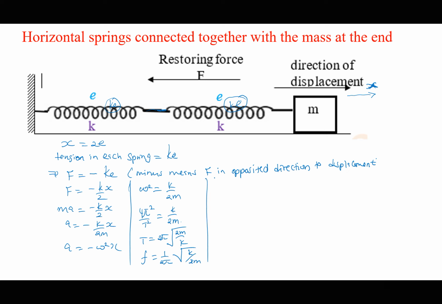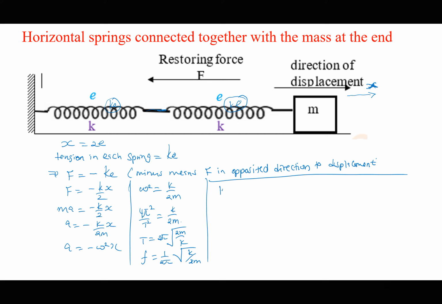Alternatively, the easiest way to think about this is to find the effective spring constant. If these springs are identical and they're in series, we treat them as if they were resistors in parallel.